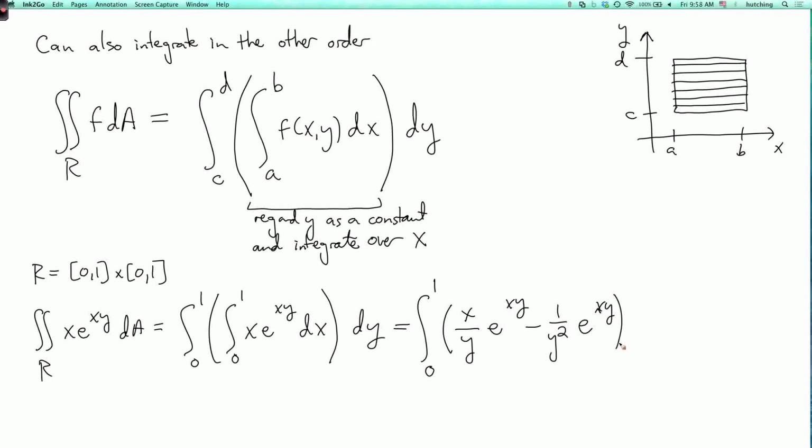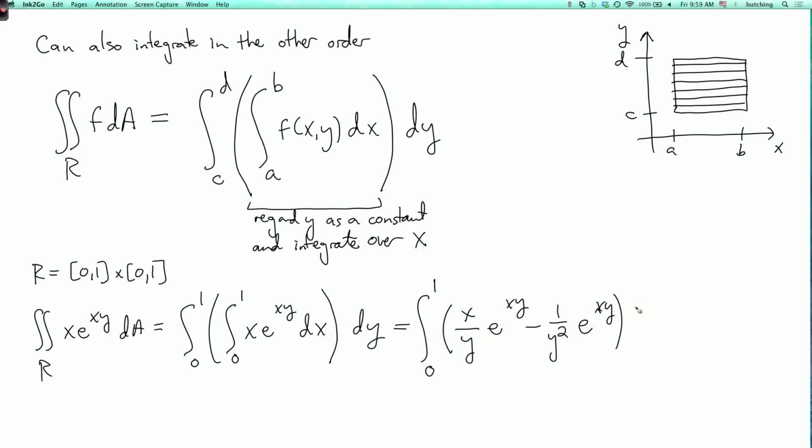Here, y is like a constant. So when I differentiate the first term, I'm going to get a minus 1 over y e to the xy. And then when I differentiate the second term, differentiating the x part is going to give me a plus 1 over y e to the xy, which will cancel that. And then differentiating the rest will give me an x e to the xy, which is what I want.